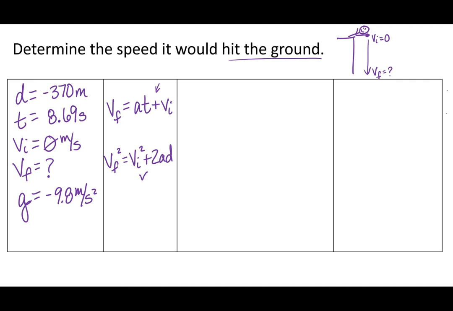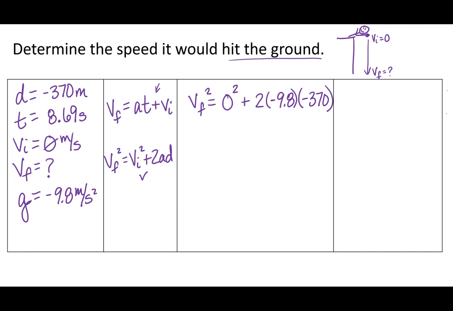All right, so here we go. VF squared equals VI, which is 0, squared, plus 2 times a, which is negative 9.8, times d, which is negative 370. All right.